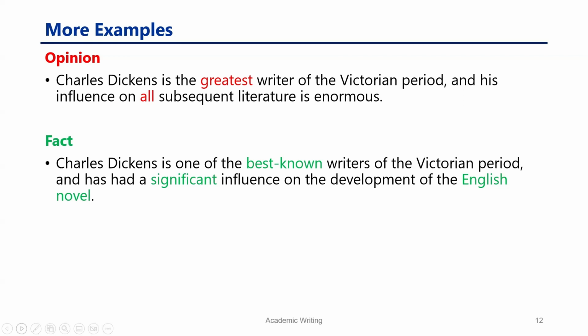Similarly, his influence on all literature written after his time, every single thing, statements like all or none or everyone or no one or always or never are called absolutes. And there are very few times when we can use absolutes in academic writing because they just can't be proven.